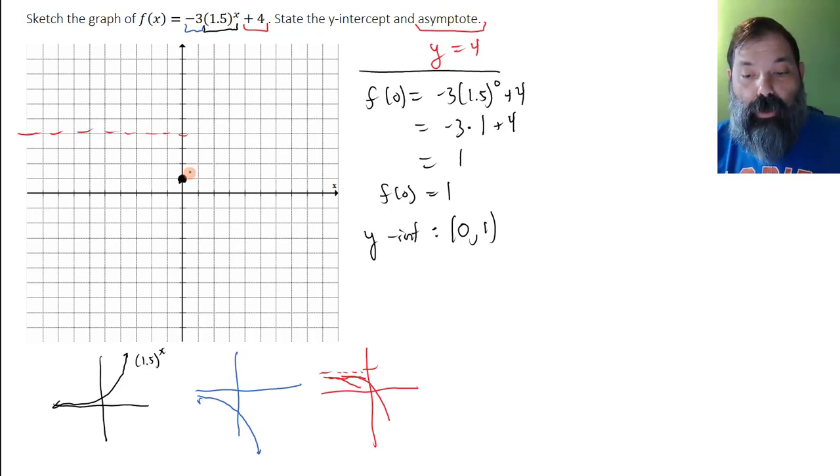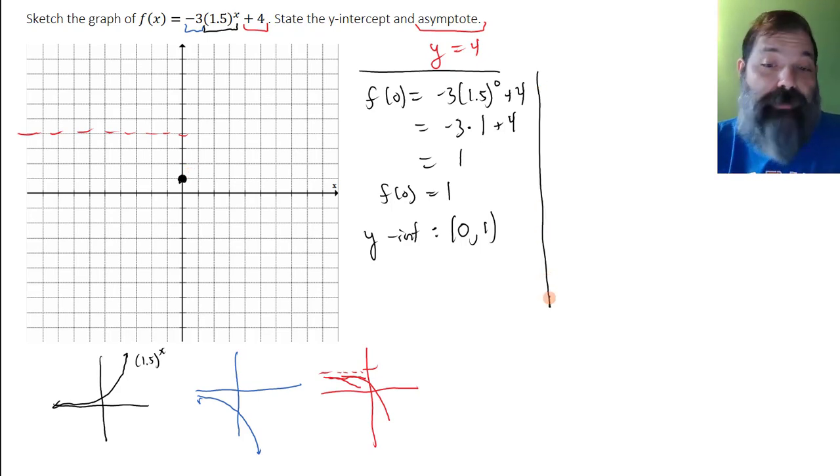All right, following my analysis, I know I'm going to have an exponential looking curve, asymptotic to y equals 4, with y-intercept (0, 1). Let's find some other point on the curve. How about f of 1?